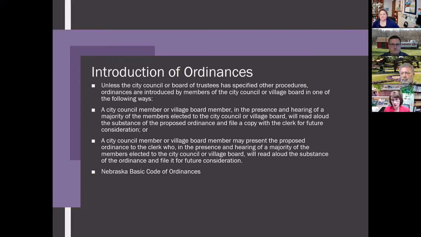It's possible that your community has adopted different ways to introduce the ordinance, and that's totally fine. But I did want to mention that this is in the basic code of ordinances as to how you at least get your ordinance first introduced.